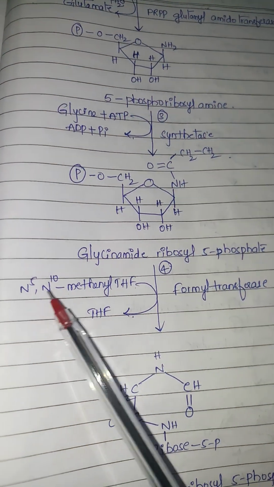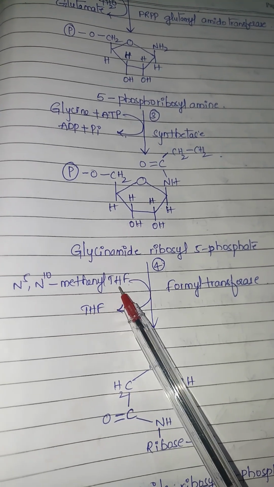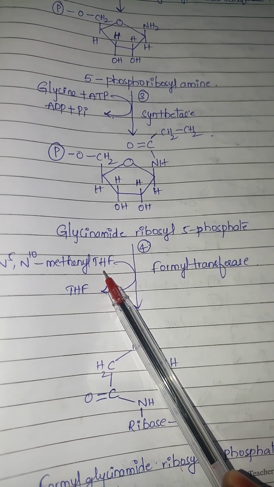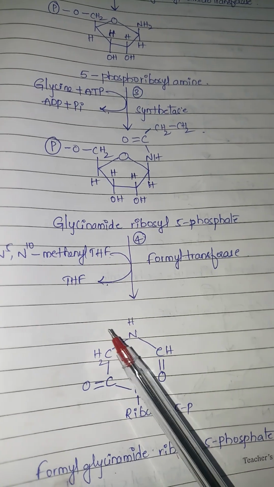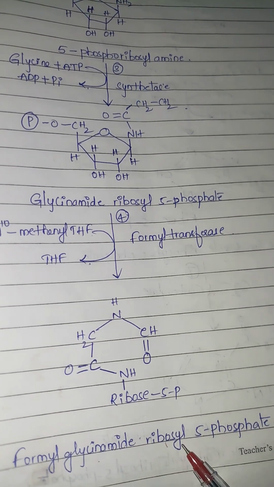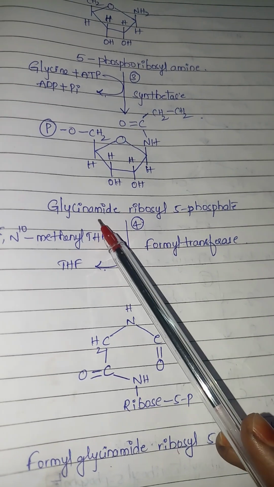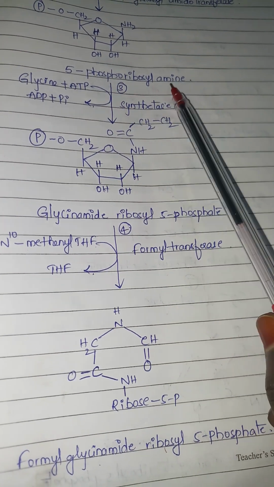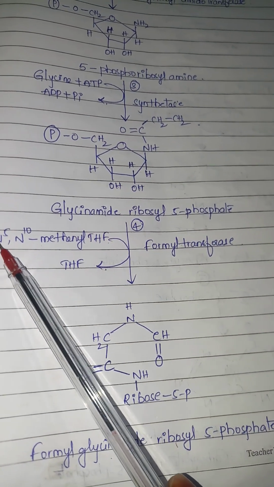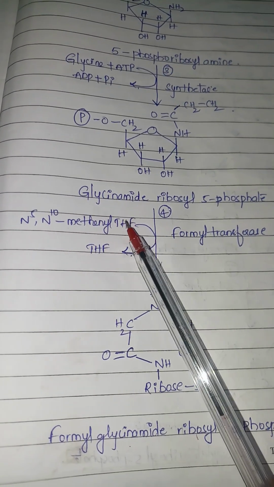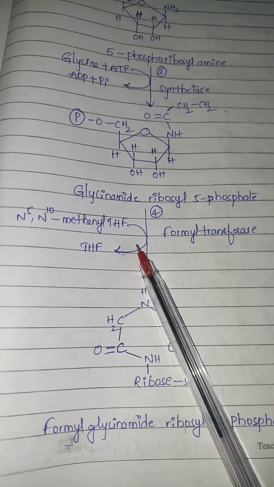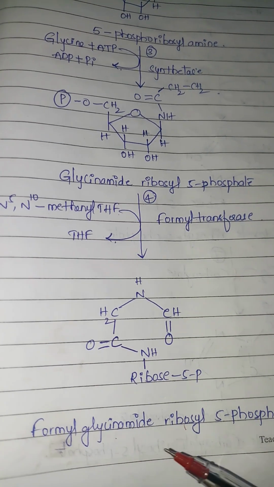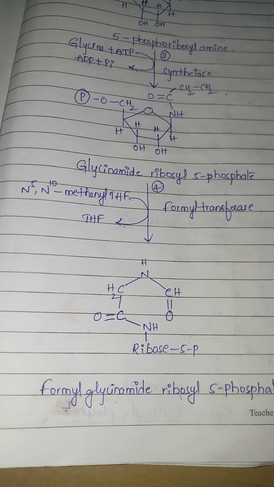Next, N5-N10 methenyl tetrahydrofolate donates the formyl group and produces formyl glycinamide ribosyl 5-phosphate.